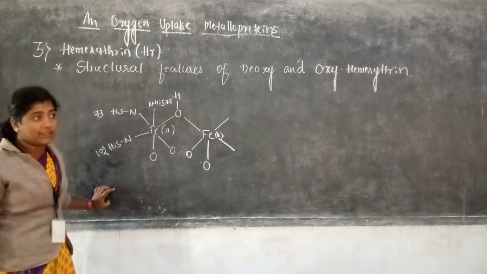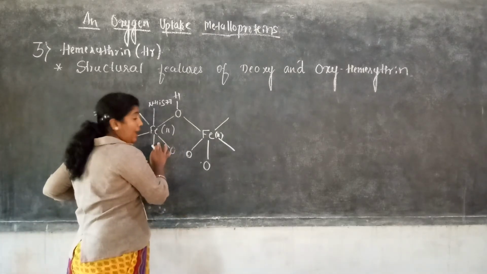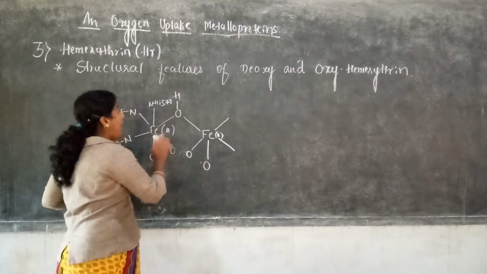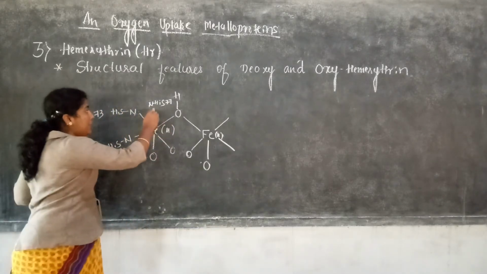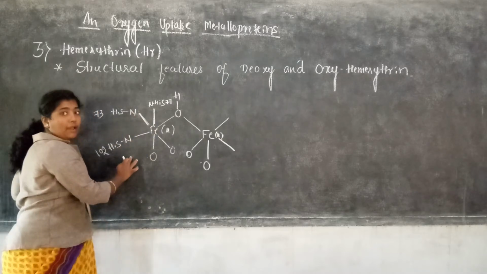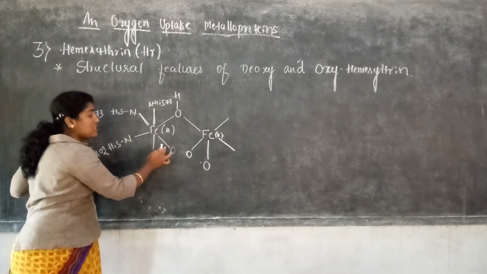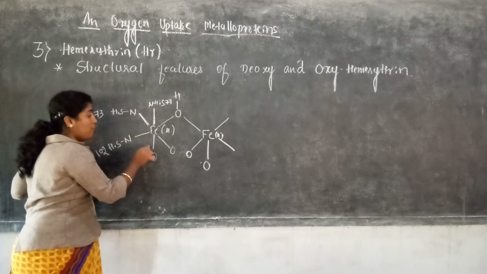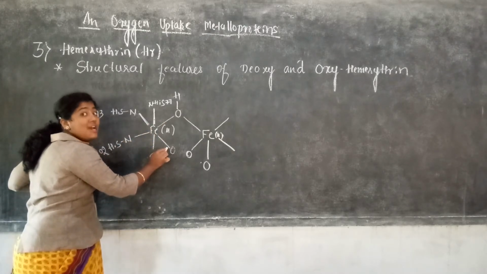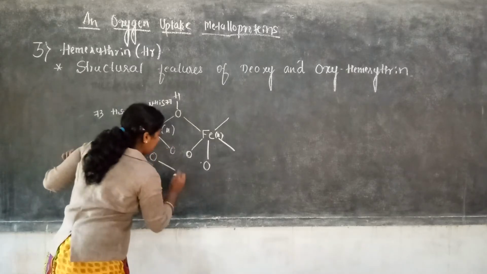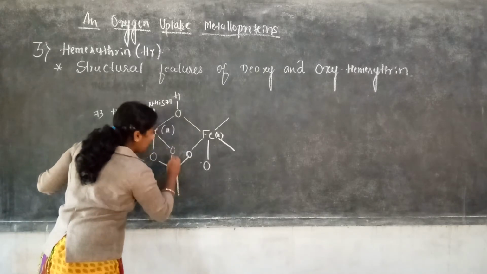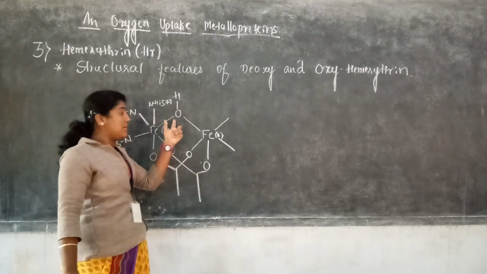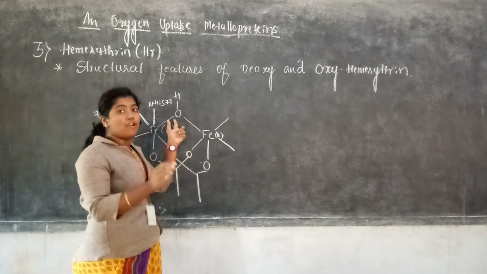In the deoxy form of hemerythrin, the first iron center has the +2 oxidation state and is coordinated to 3 N histidine groups. The fourth and fifth sites are coordinated to carboxylate groups, and the sixth coordination site is coordinated to a hydroxyl group.